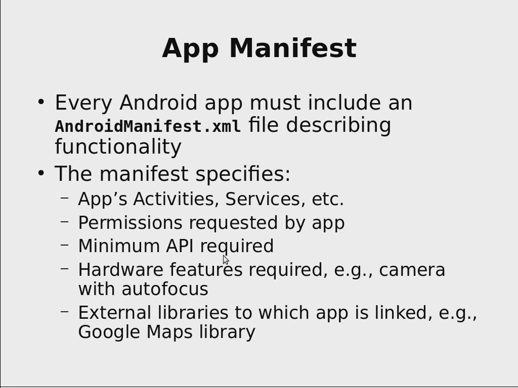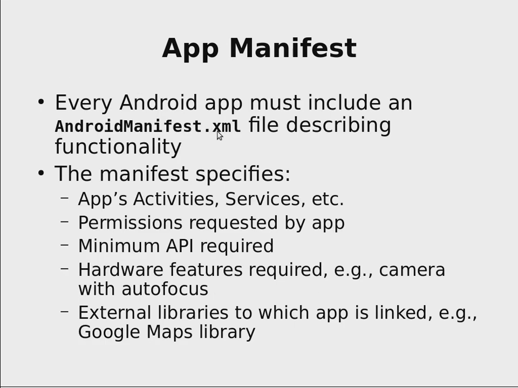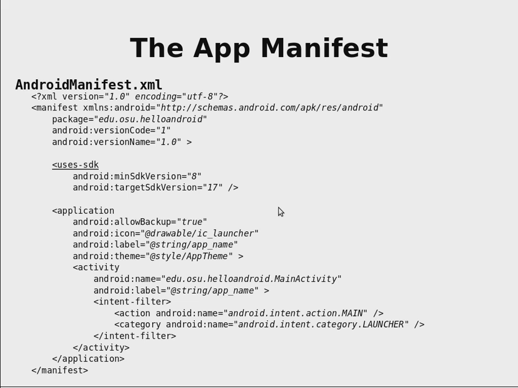It says what minimum API is required, what hardware features should be enabled, what external libraries are needed for this application to run, and also what kind of permissions this application needs to run. And it says what activities are inside it, what services are inside it, etc. In most cases you configure this file automatically while you are adding new files in your project and saying, for example, start from this activity or whatever.